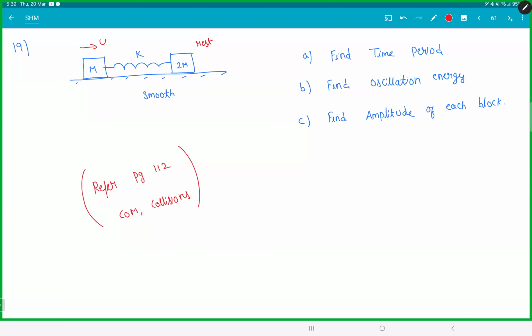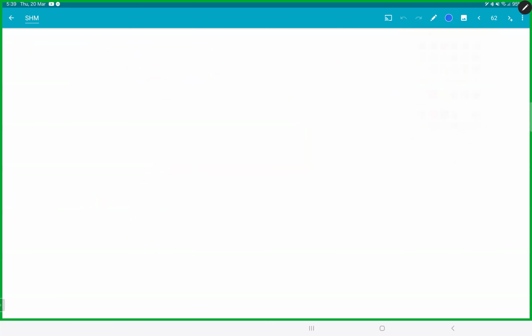Who? Anyone? Who is that? Center of mass. Perfect. Since the external forces are zero, the center of mass will continue to go with the same velocity.